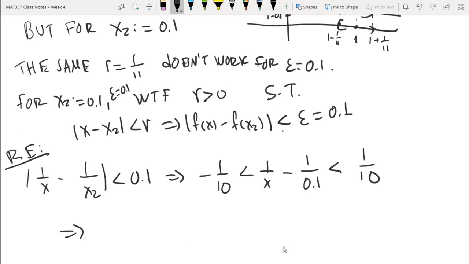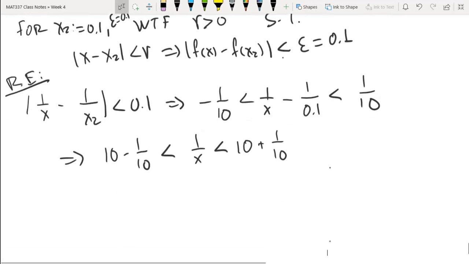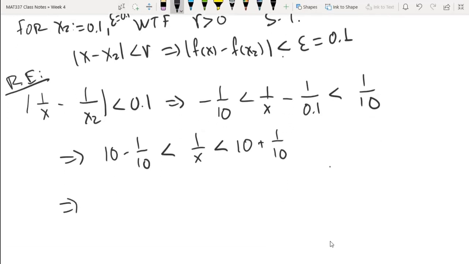Okay, this is 10. So you get 10 minus 1 over 10, and 10 plus 1 over 10. So x would be in this interval.